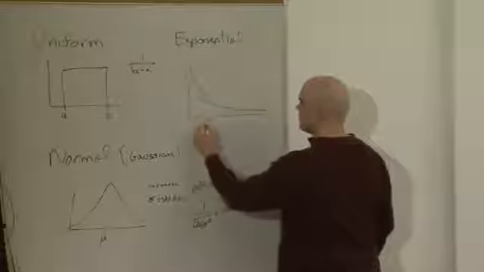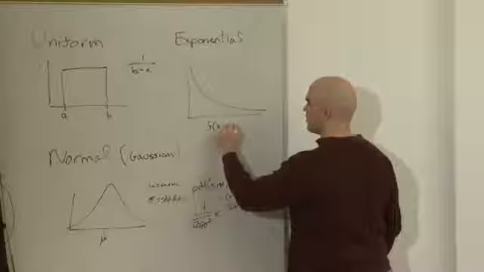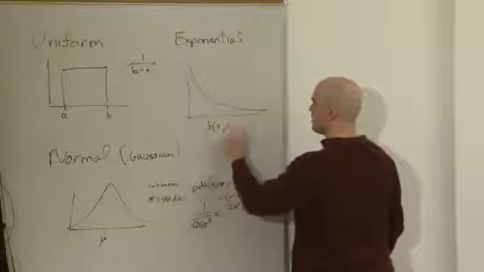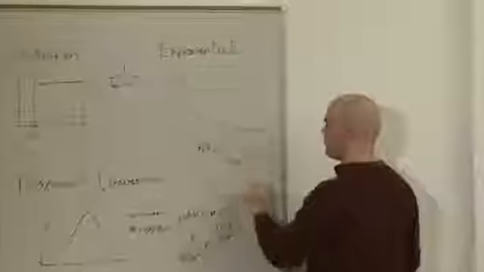And the function is, you don't need to know it. It's just there for your edification. Lambda is greater than 0. So I'm just going to show you what it looks like, and then we'll move on.